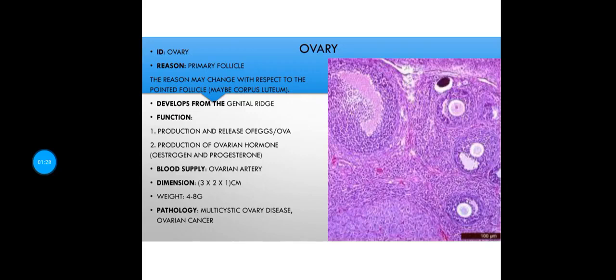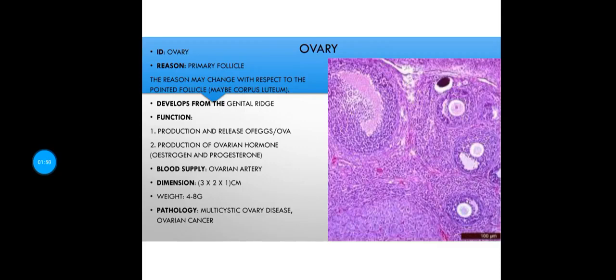The ovary develops from the genital ridge, and its functions include production and release of eggs or ova, and production of the ovarian hormones, estrogen and progesterone. The blood supply to the ovary is from the ovarian artery.